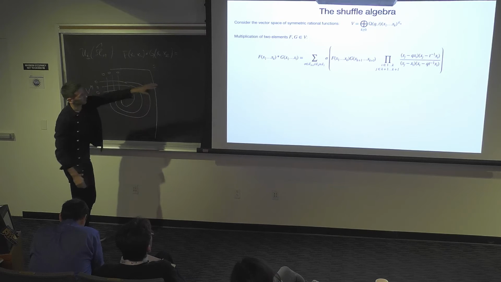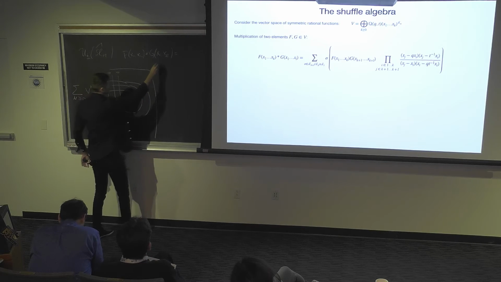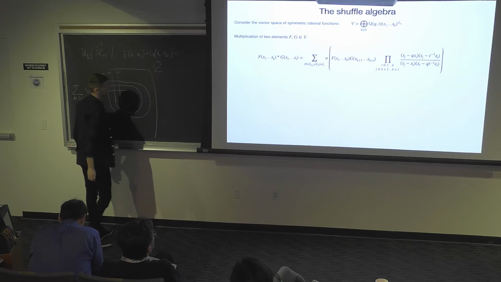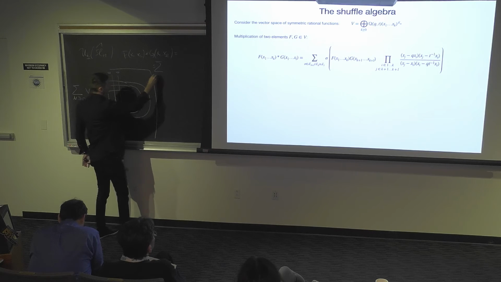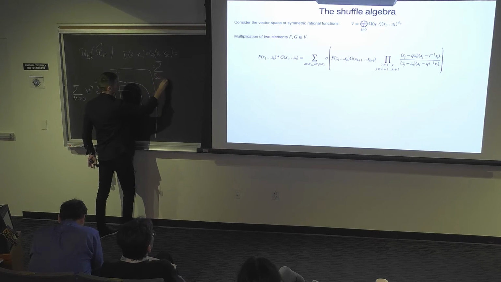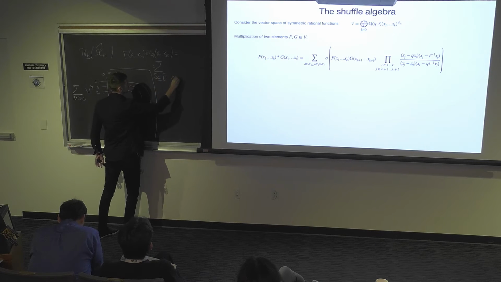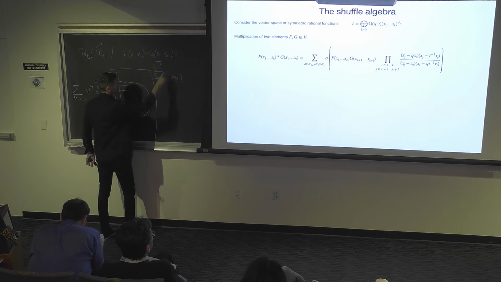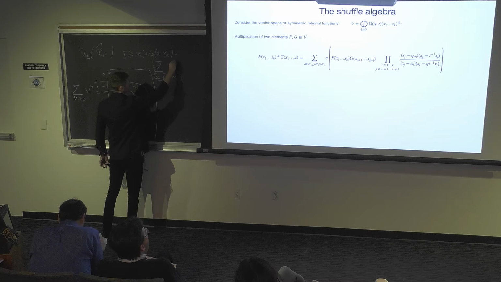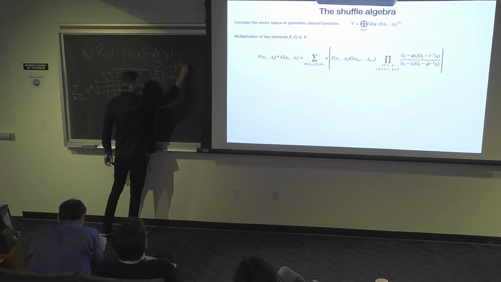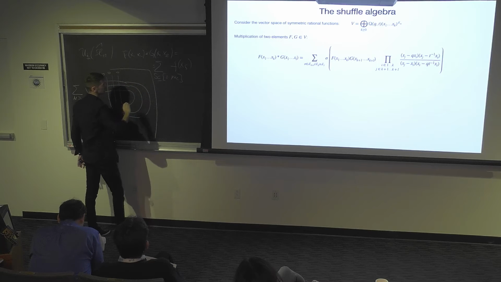And I would like to rewrite this formula slightly. Maybe it's more convenient to see it like this. So we take subsets of indices 1 to k plus l. We take the first function to depend on the first set of indices.